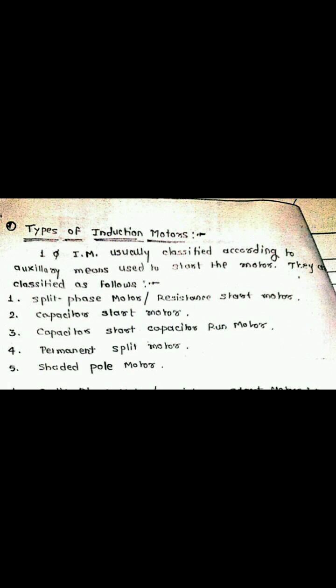In this motor we are giving the splitting of the phases permanently. That's why this type of motor is called a permanent split induction motor. So we'll start the detailed explanation. As shown in the figure, a single phase supply is applied to the single phase induction motor.